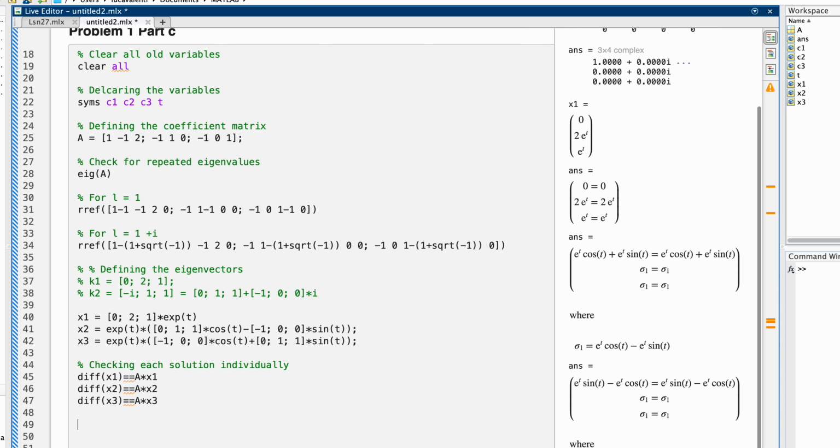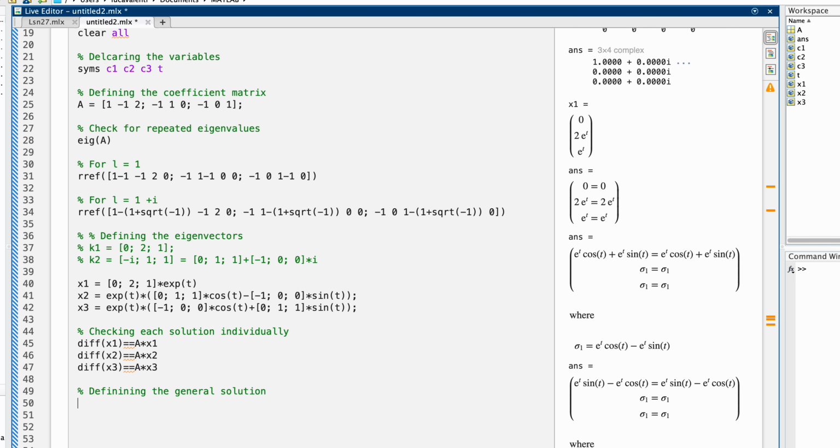So now I'm going to define the general solution. This would be the complementary solution if there was a forcing function, but there isn't one. So our general solution, x of t, I'll write it capital X of t, is going to be c1 times x1 plus c2 times x2 plus c3 times x3.